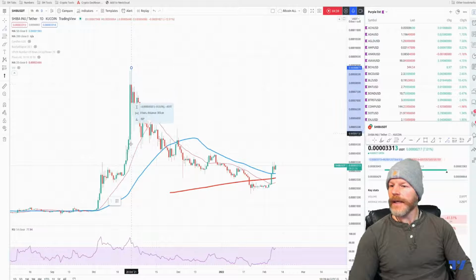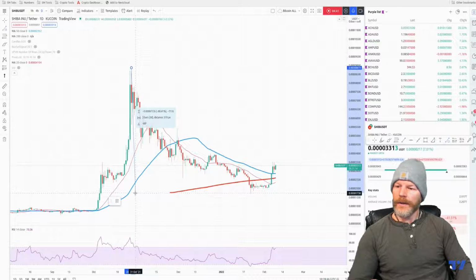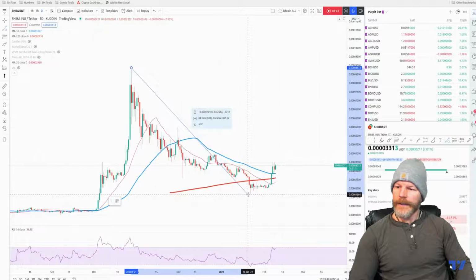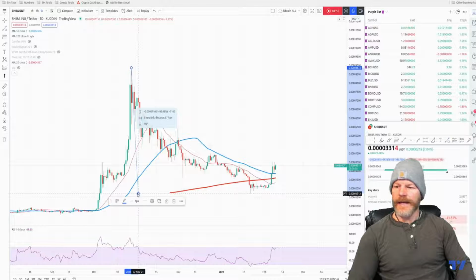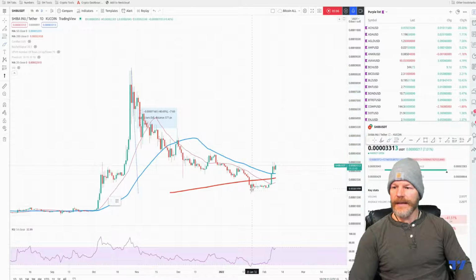If I draw that down to our wick low, see the wick low over here on the 22nd of January, and line that up exactly, look at this, we're right at 80%, almost exactly.